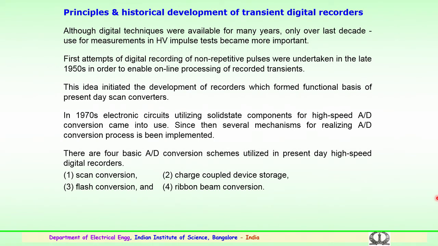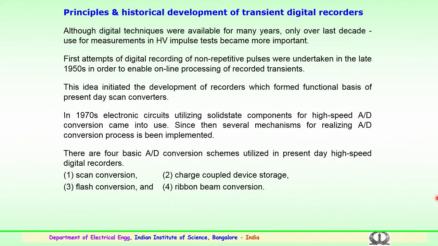Somewhere in the 1970s, electronic circuits utilizing solid state components for high speed analog to digital conversion came into use. Since then, several mechanisms for realizing the analog to digital conversion process have been implemented.